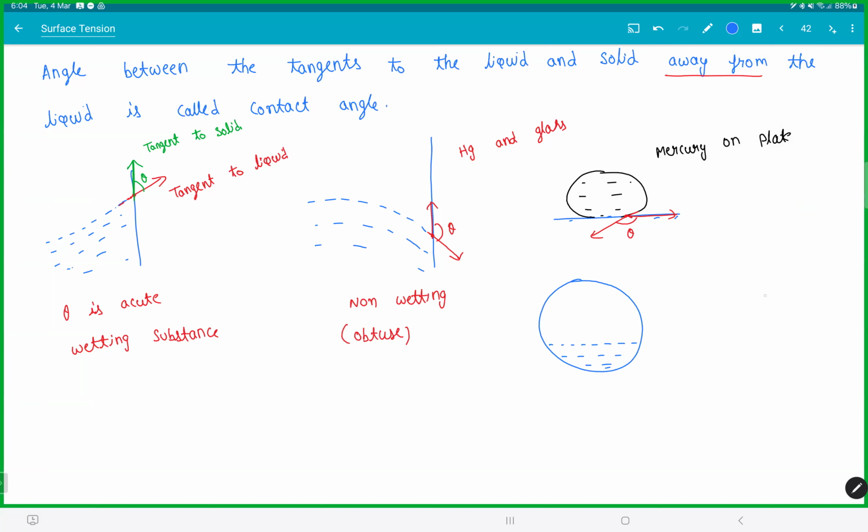How will you draw it? Suppose the same thing, if the liquid is outside, how will we draw it? Suppose the liquid is like this, how will you draw contact angles for this?